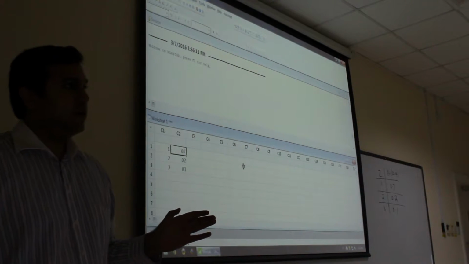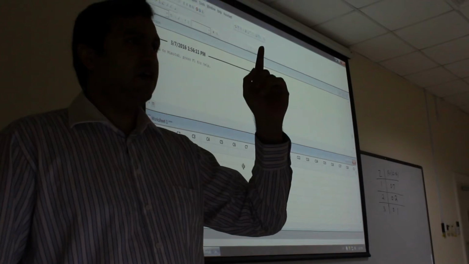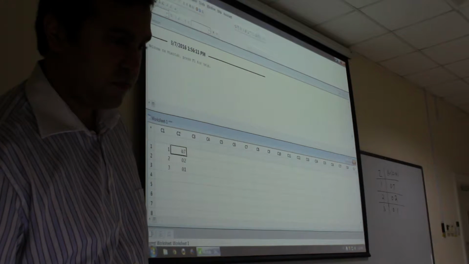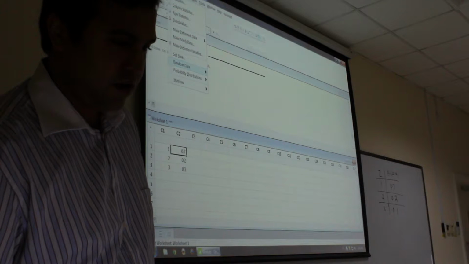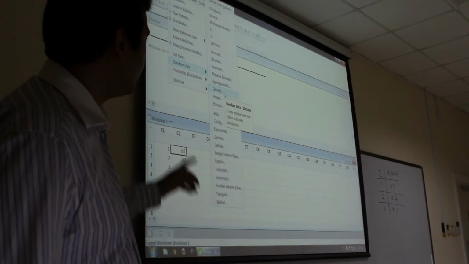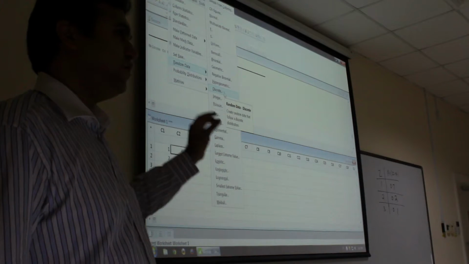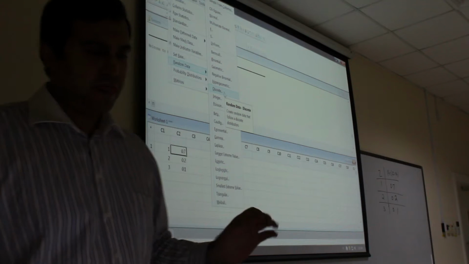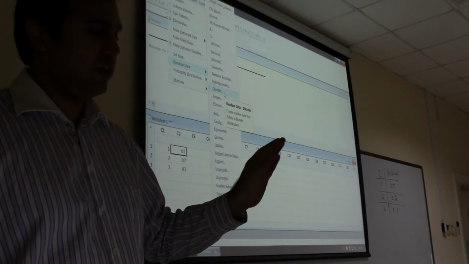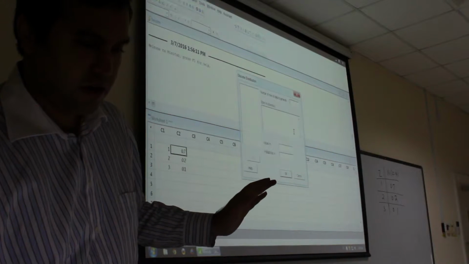Then, at this stage, you do the same thing you did last time. You go to Calc, Random Data, and you choose the discrete option. This is an unknown discrete distribution. Whenever you simulate, you use Calc, Random Data, and then you click discrete.